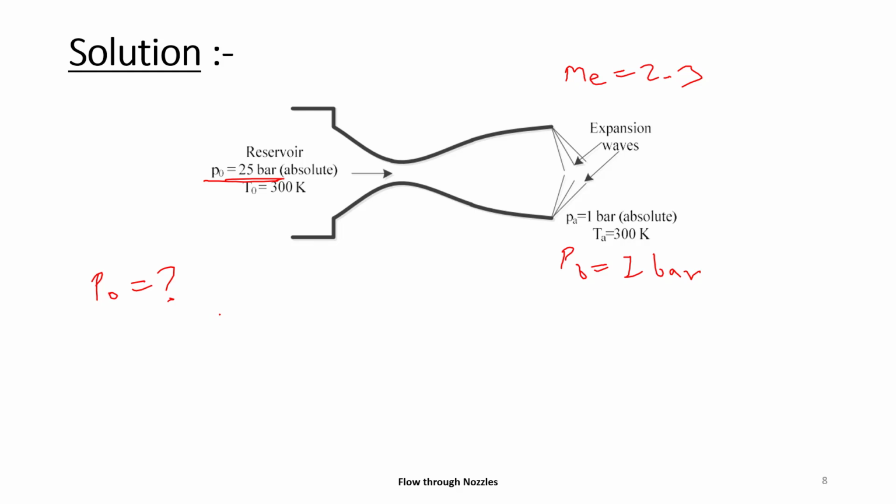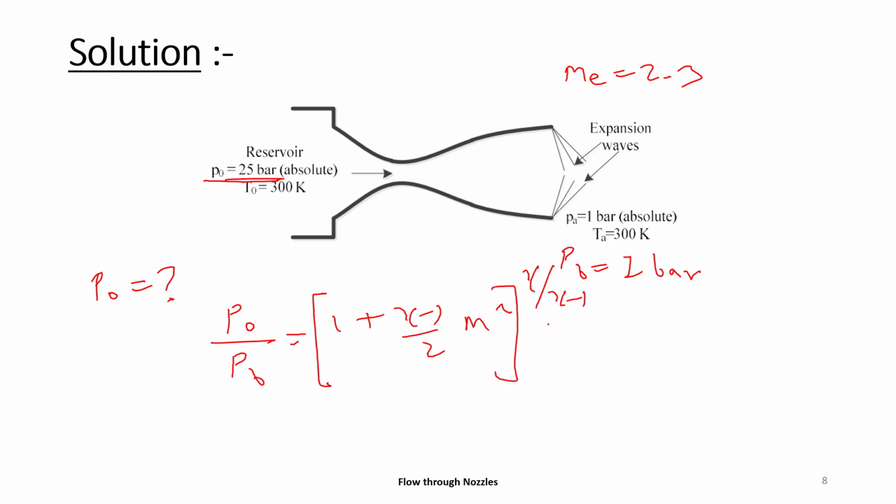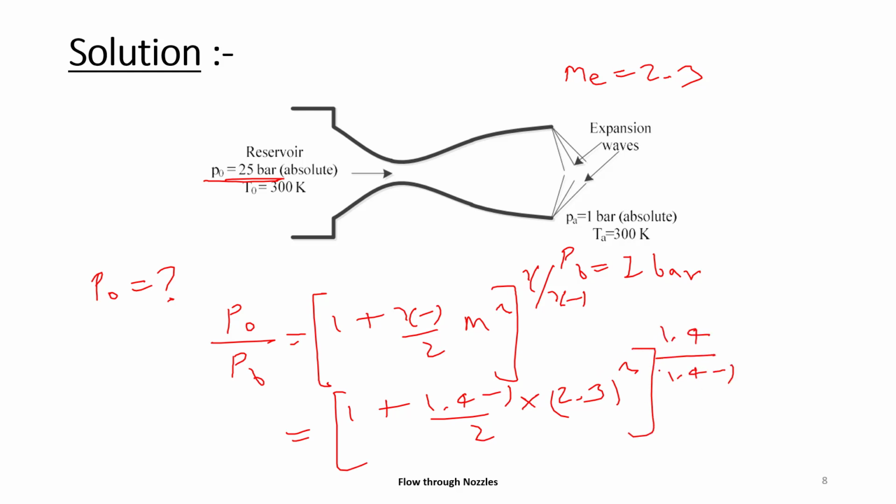So we can write the relation P0 upon PB, which is back pressure, equal to (1 plus (gamma minus 1) by 2 M squared) to the power gamma upon gamma minus 1. We will put the value of gamma, which is 1.4: (1 plus (1.4 minus 1) upon 2 into 2.3 squared) to the power 1.4 upon 1.4 minus 1.